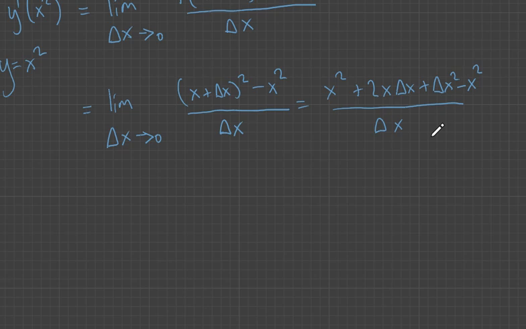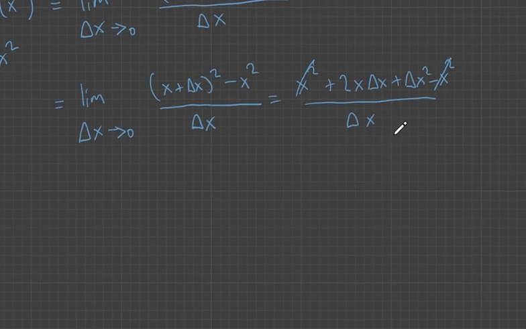So let's see, we have a cancellation, x squared minus x squared, and then we see that there's a common factor of delta x in the numerator and the denominator, so we can factor that out.